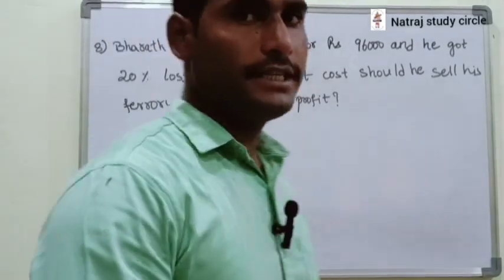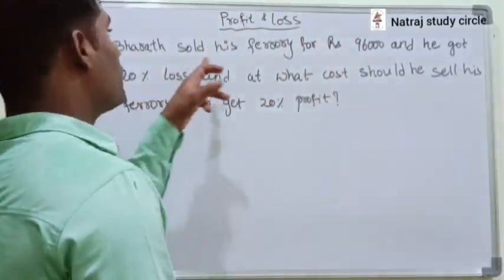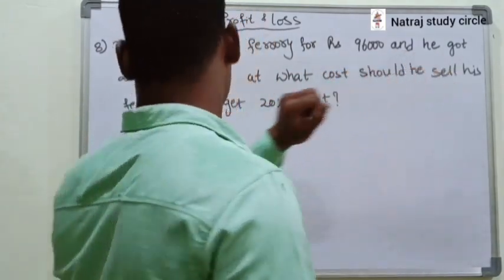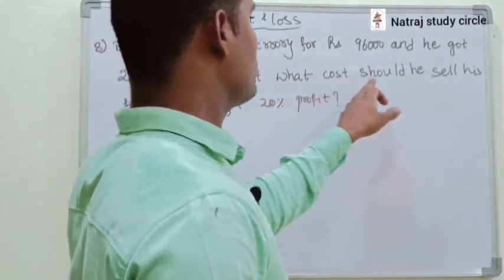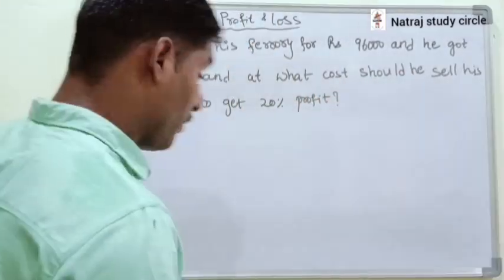So what is the question here? The 8th question is, Bharat sold his Ferrari for rupees 96,000 and he got 20% loss. And at what cost should he sell his Ferrari to get 20% profit?